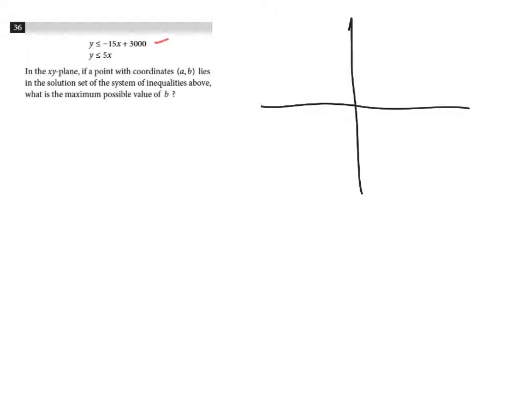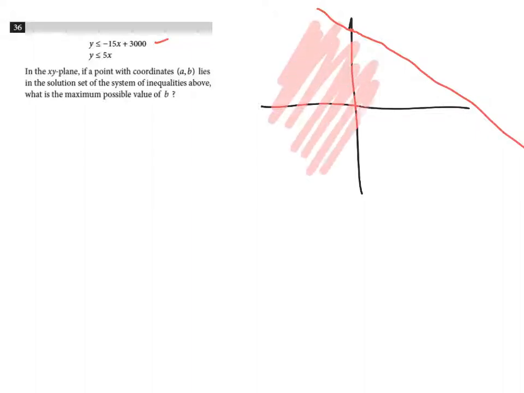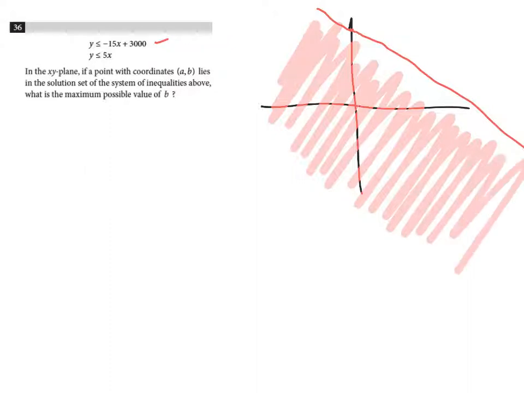It's linear, with an intercept of 3,000, and it's going down at a rate of 15. It's a solid line because y is less than or equal to.